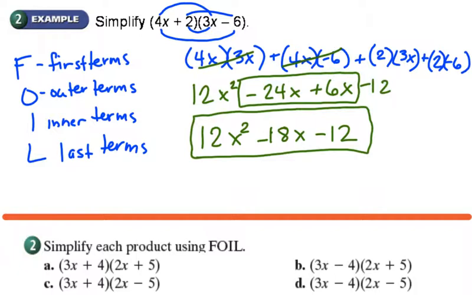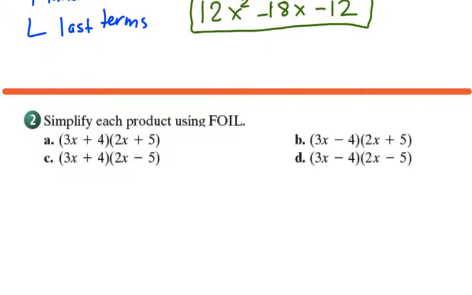All right, let's do one more, just because we did skip the other example. And you'll notice that each and every one of these has the exact same terms. It's just the signs are changing. So I'm going to go ahead and pick this one just because. 3x minus 4 times 2x plus 5.